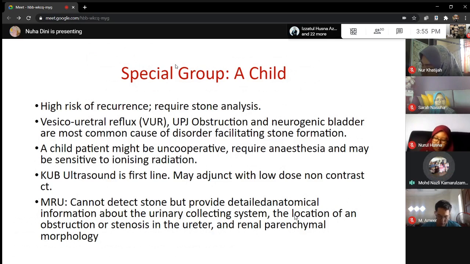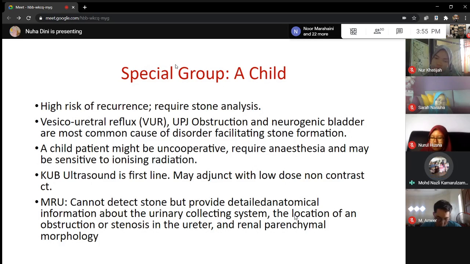So CT scan, we can skip because we can do retrograde pyelogram and diagnose the ureteric stone through it. At the same time, we intervene by putting a stent to bypass the obstruction. So that's why the flow of management is markedly changed when you have different results in the urine result and WBC or full blood count result.